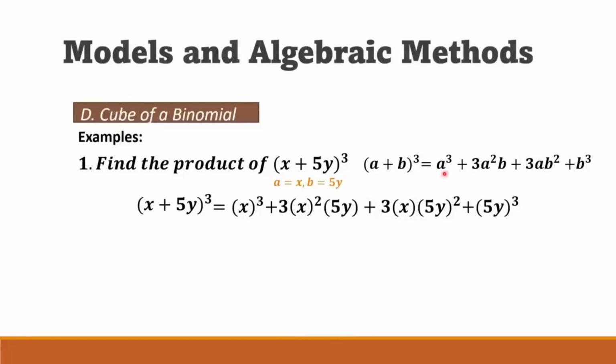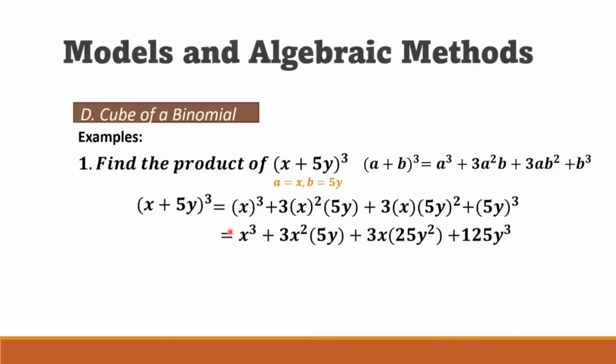Using this model, we cube the first term, plus 3 times the square of the first term times the second term, plus 3 times the first term times the square of the second term, plus the cube of the second term.